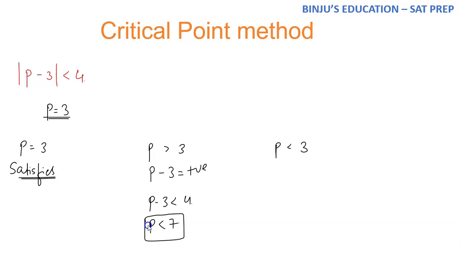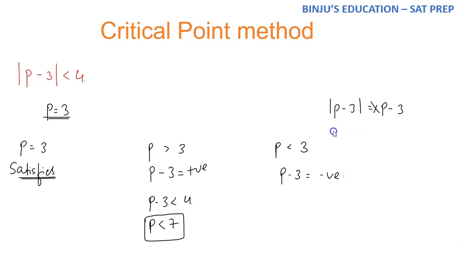Take the third case when p is less than 3. If p is less than 3, then p minus 3 will become negative. Now p minus 3 is negative, so I can't open mod of p minus 3 as p minus 3, because the result of mod is not negative.